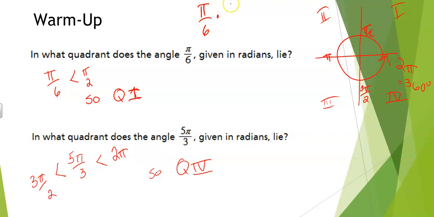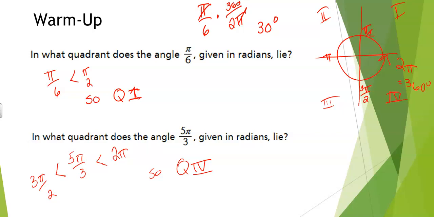Well, 360 degrees is 2 pi radians, right? So you could do a little canceling out there, and 360 divided by 12 would give you 30 degrees. So that's one way to do it. If you can't remember, just set up your proportion. You can also do 180 over pi. It doesn't matter.